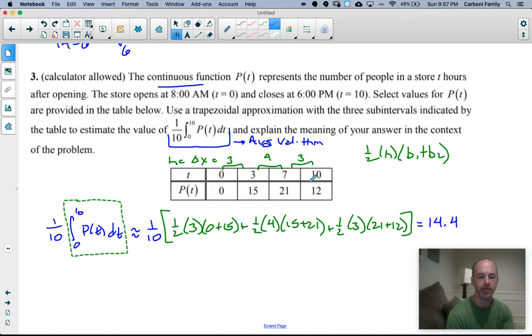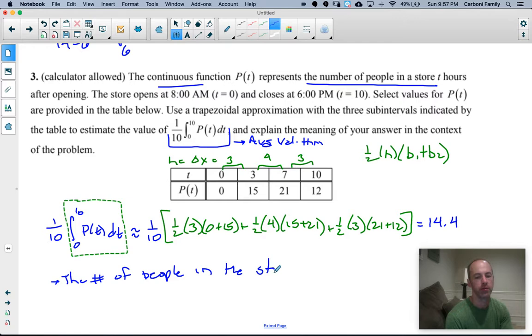And so if I'm going to explain this answer, what I found was the average value of P of t, and P is the number of people in the store. And so my explanation is the number of people in the store, and I need to reference the interval.